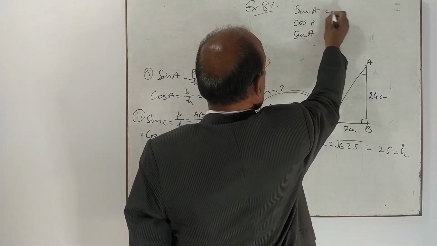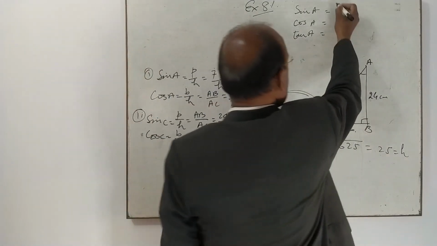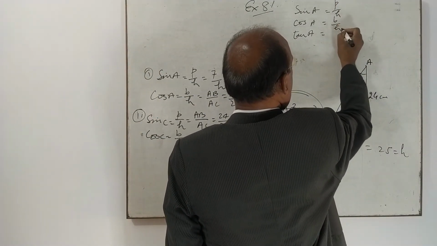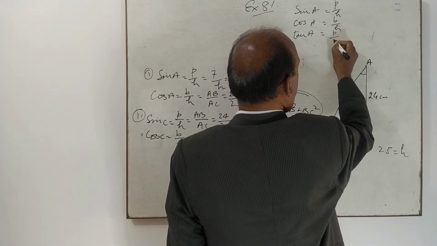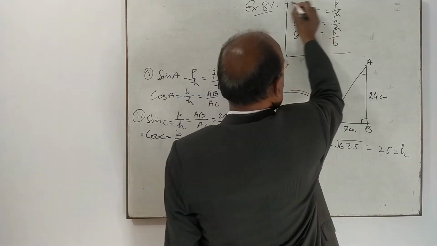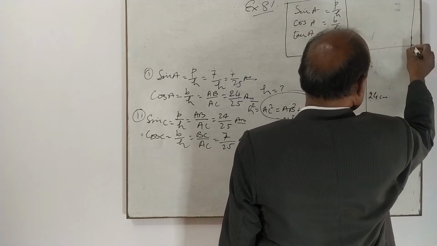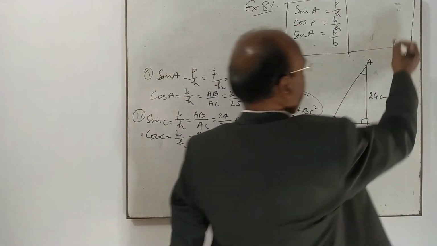Let us write angle A. Sine is P by H, cos is B by H, and tan is P by B. This is one part that you have to remember. And for the other part, you write the reciprocals. The reciprocal of P by H is H by P.